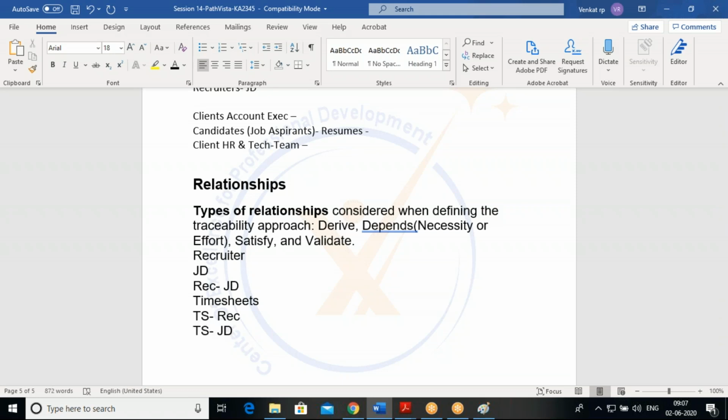Can anyone tell me the relationship between timesheets and recruiters? And between recruiters and JDs, right. And between timesheet and JD?